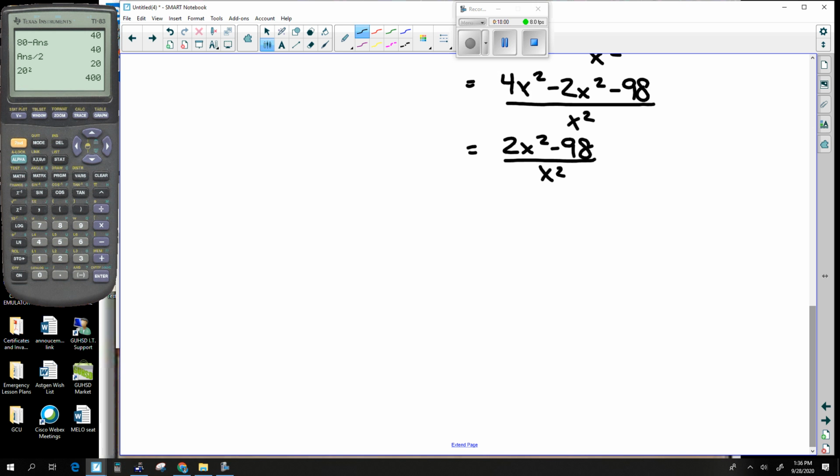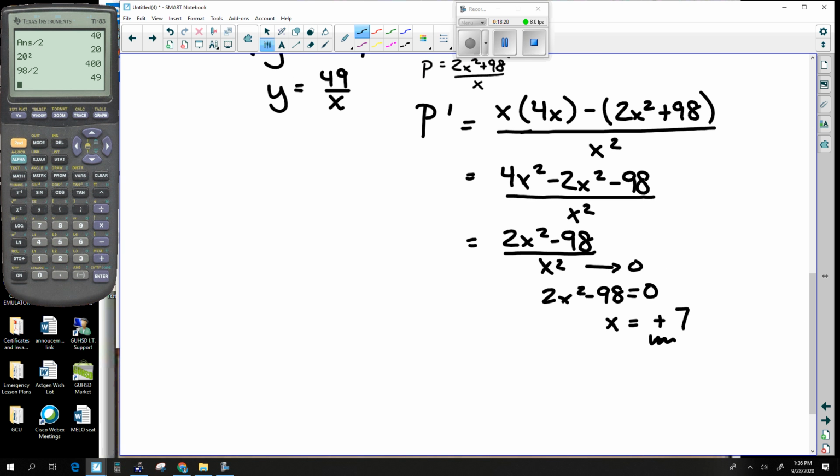All right, where does this stuff equal 0? So 0, and then wherever 2x squared minus 98 is equal to 0. So that's 98 divided by 2 square root, so that's plus and minus 7. Again, negative doesn't make any sense. X is equal to 7. Let's just make sure that this is a minimum. I think we're looking to minimize the perimeter.